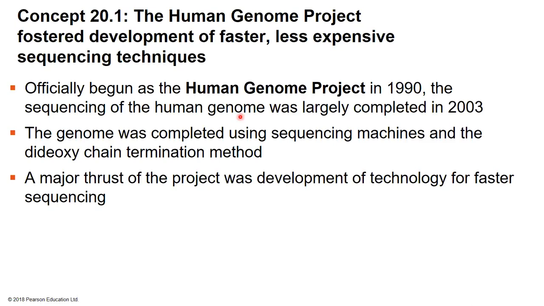So in 1990, scientists decided to sequence the human genome. And the human genome sequencing began with a project called the Human Genome Project, which took 13 years. So it took 13 years and almost $1 billion to sequence the human genome.